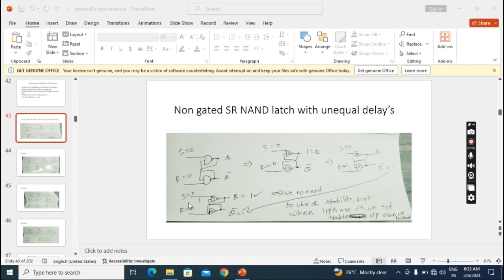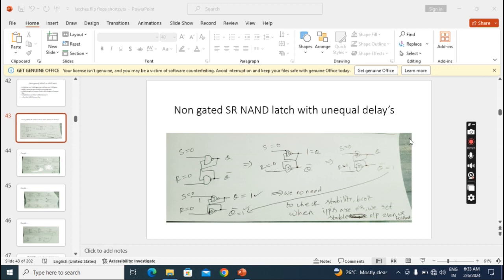When I maintain input 0 0, even if we feed back these outputs many times, we get the same output 1 1. So this will be invalid. In the without-delays case also, we get the same invalid state. But the difference is how you take the output and how you feed it back.